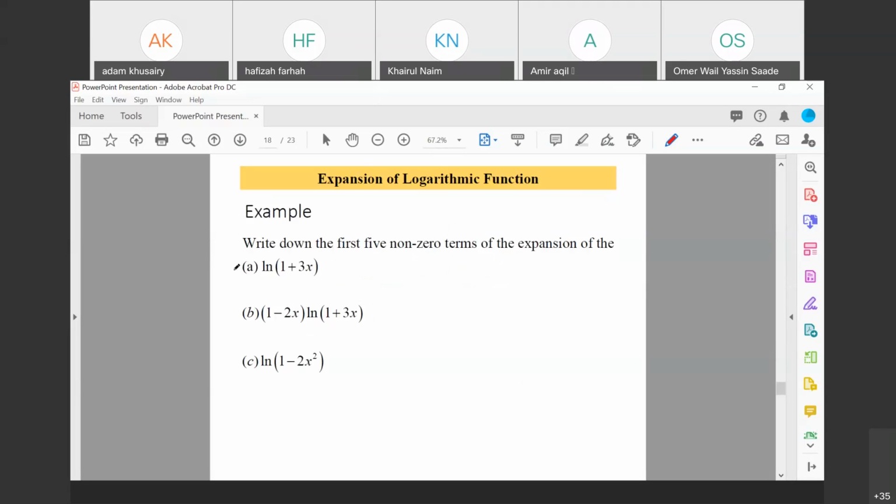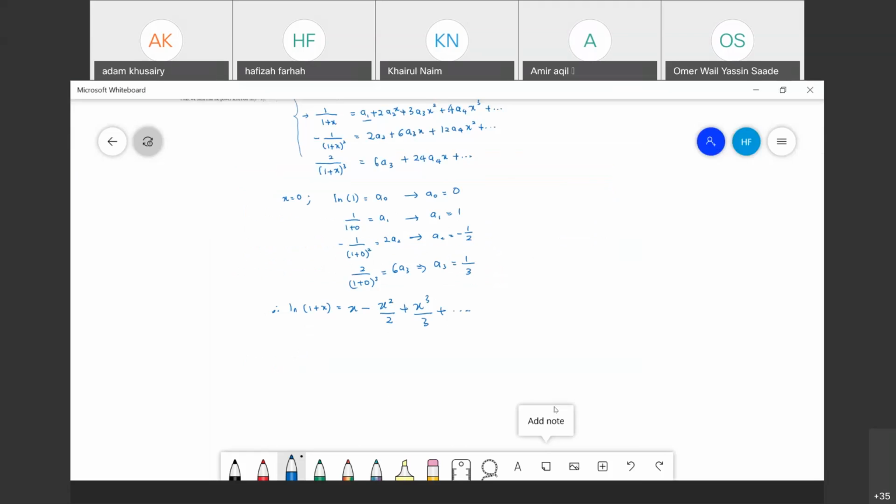So let us try the first example. Write down the first 5 non-zero terms of the expansion of ln(1 plus 3x). So what is the idea of this? What can we do? Use the same equation, replacing x with 3x.